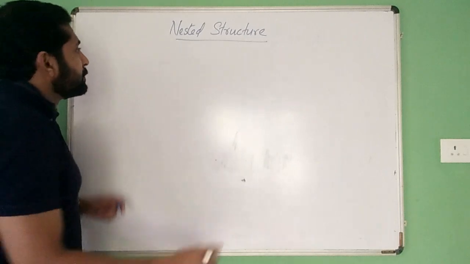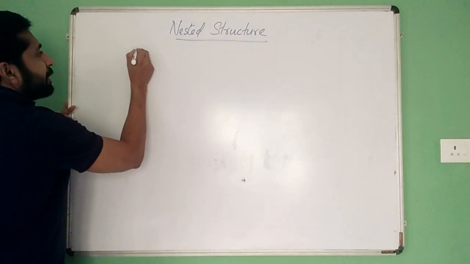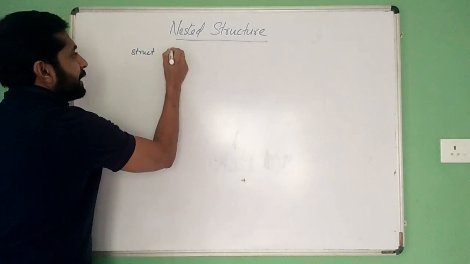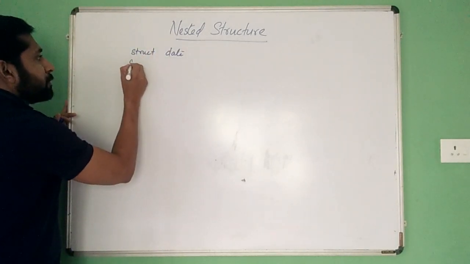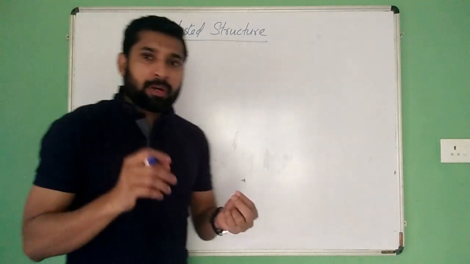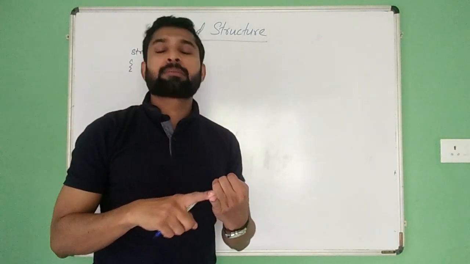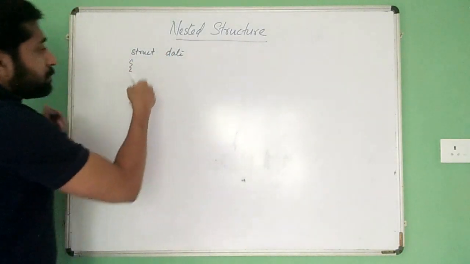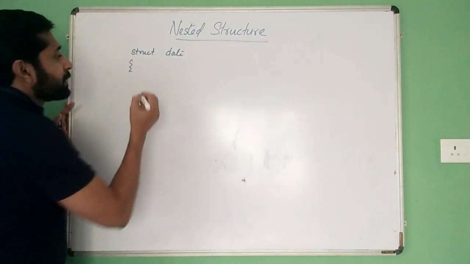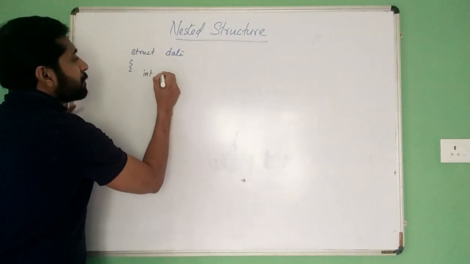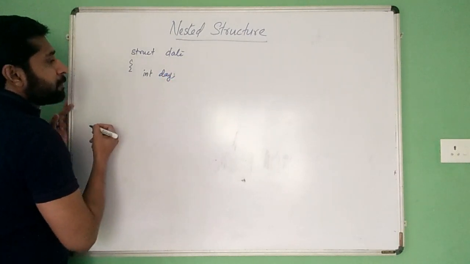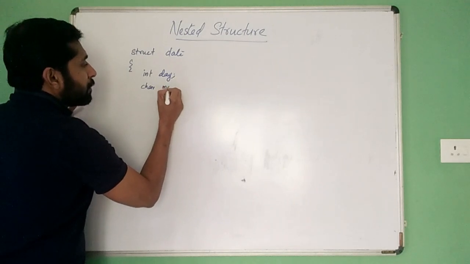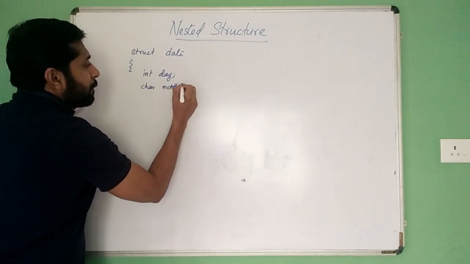Let us see an example. Suppose we are creating a structure named date. Date has, as we know, three parts: day, month and year. So we are putting those things together. int day, char month of 3.